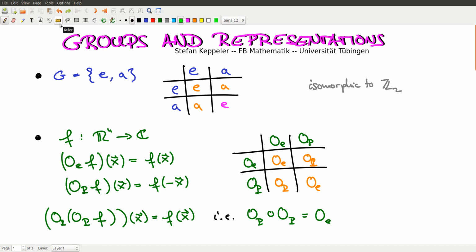One was acting on functions f of n variables, doesn't matter, in this way that OE, one group element, just mapped the function to itself, and OP, the other group element, mapped f of x to f of minus x. So we just get a minus sign here in the argument.